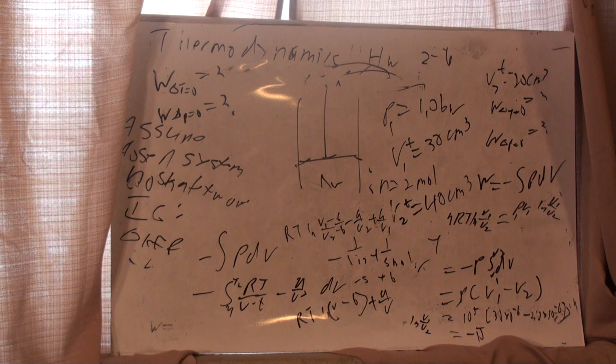So what are all the take-home messages? Isothermal versus isobaric. One might be bigger, one might be smaller. It depends upon the conditions. We found that isothermal expansion produced less work than an isobaric expansion, but an isothermal compression required more work than an isobaric compression, for an ideal gas.